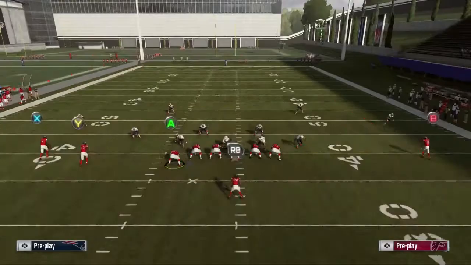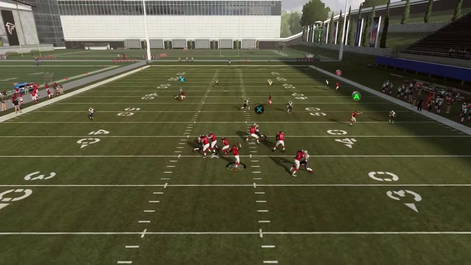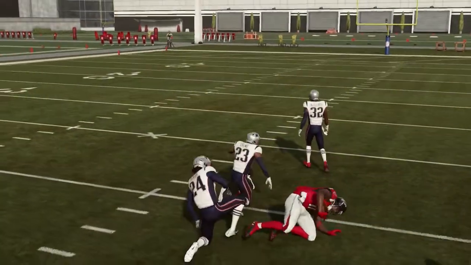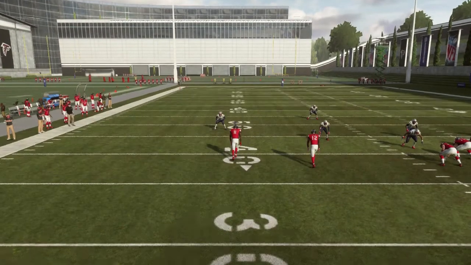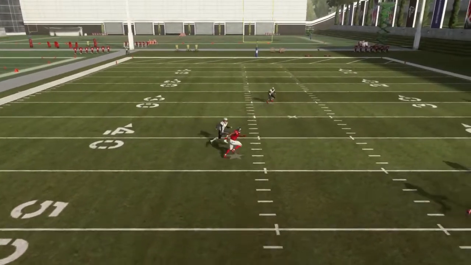So watch what happens here. You're going to see that, say the guy goes across the field. Now the X is going to be your throw with the inside position, right? Basically, we know that this corner is going to shadow him on traditional cover 3. So you're still going to have inside position. You're still going to be able to throw it to him.